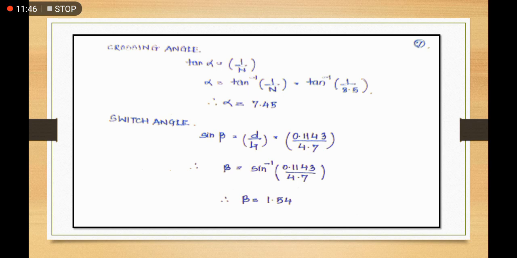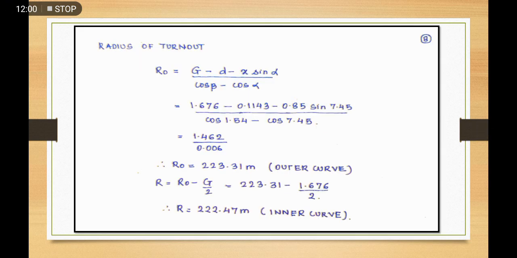Secondly, the switch angle beta. Its equation is sine of beta equals heel divergence upon length of the tongue rail. After substituting the values, you get beta as 1.54 degrees. Next, radius of turnout r0. Its equation is gauge length minus heel divergence minus vertical ordinate x sin alpha, divided by cos beta minus cos alpha.